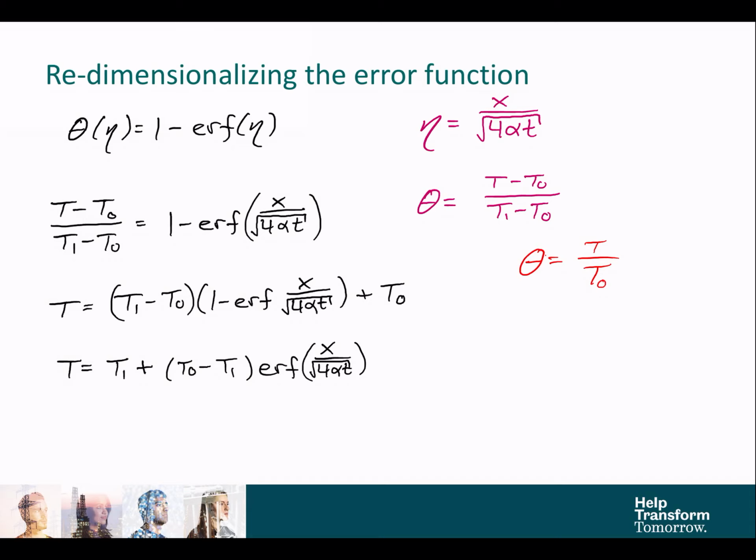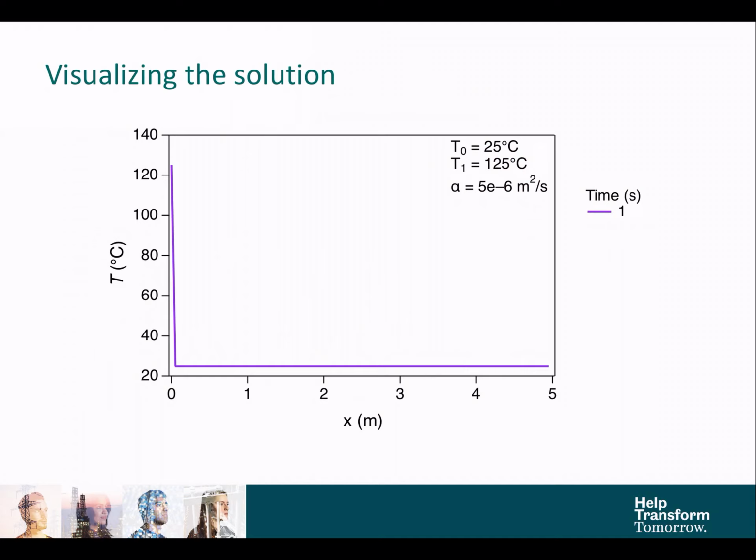And this is our full solution, and we can plot it to see how temperature is changing with respect to both time and position in this semi-infinite geometry. So at very short times, 1 second, the applied temperature, this temperature is T1, and this temperature down here is T naught.